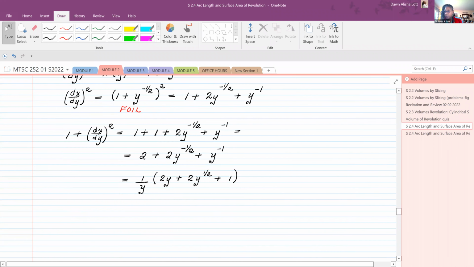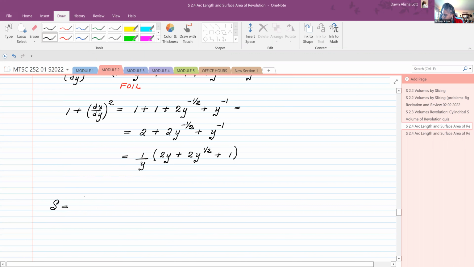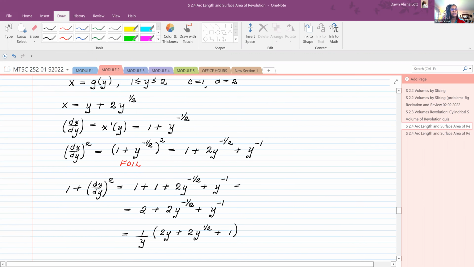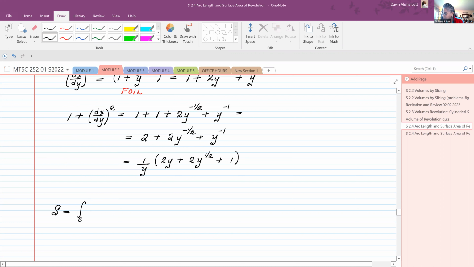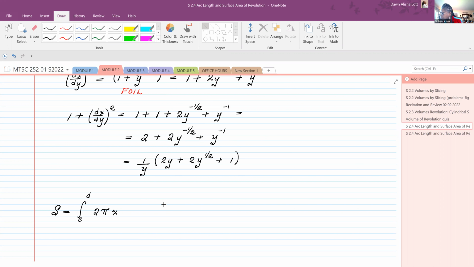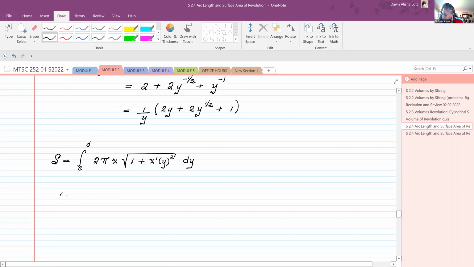Okay, so therefore I need to do my integral S. The integral, I think it was between 1 and 2, yes, of 2 pi x times the square root of 1 plus x prime of y squared dy. Okay. So S is equal to the integral, a to, oh, I'm writing a to b.